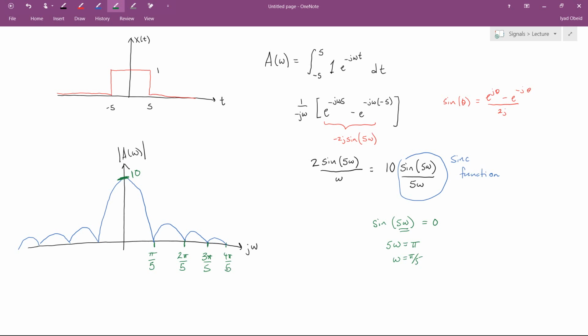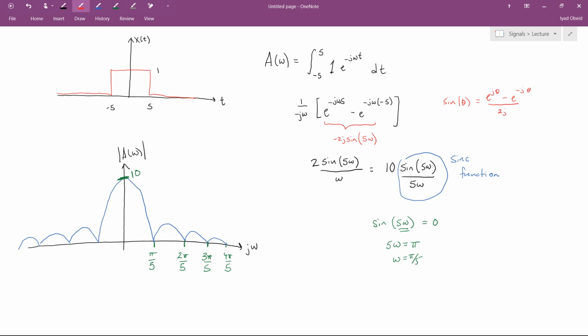So two more things you should notice. The first thing is that the height of this function is, I found that it was 10, and it's no surprise that that 10 matches that 10, which is why I drew it in the first place. If I had left my function in this form, it wouldn't have been quite as obvious where the 10 came from. Alright, so we have that.